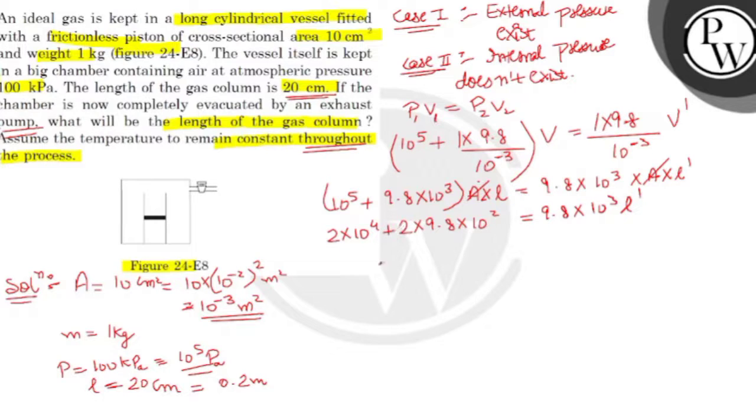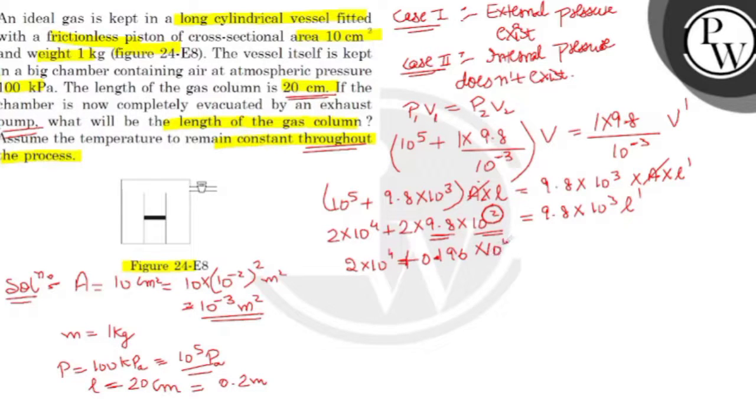Here is 2 into 10 power 4. We also make this power 10 power 4 to plus 0.196. Why 0.196? Because we make this power as plus 4, so plus 2 is added and plus 2 is divided, so we get decimal 3 digits.